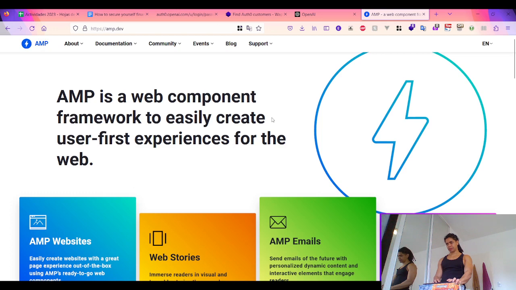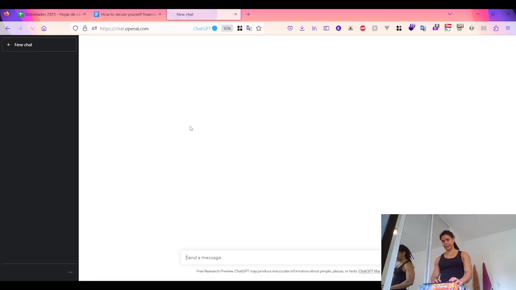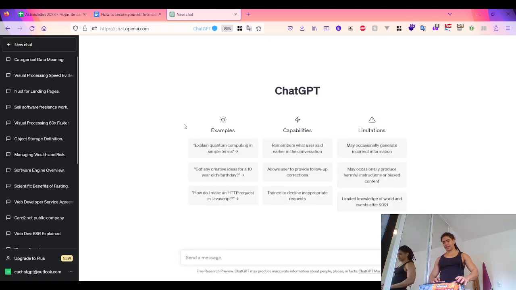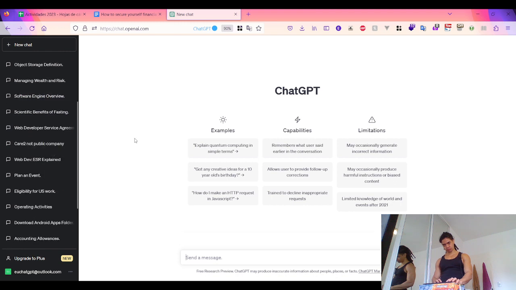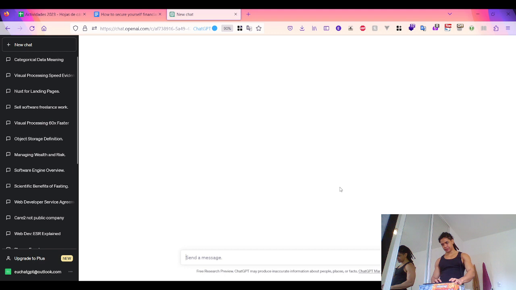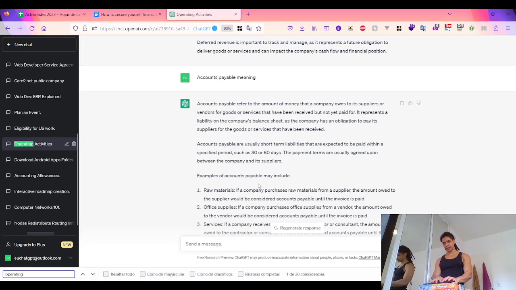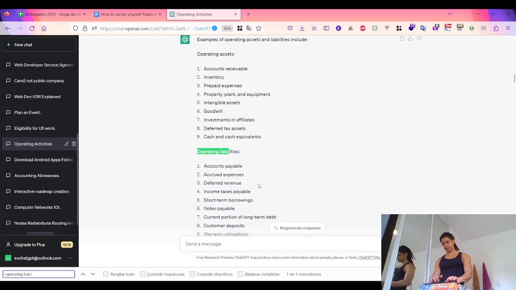Very, very interesting. But in any case, man, we're just here asking a question, or looking at the question that I did, based on the other operating assets. Here is operating activities. That's right. So operating liabilities, right?